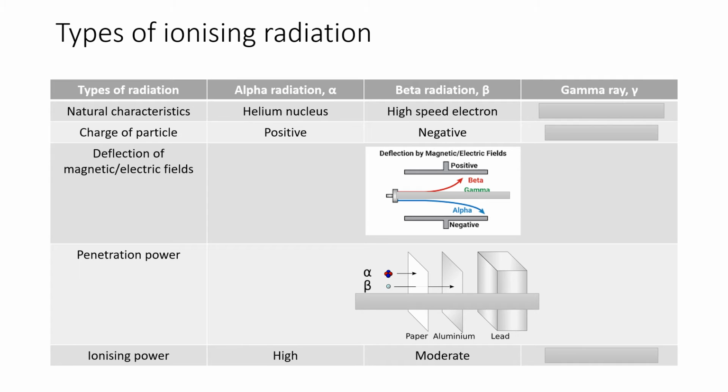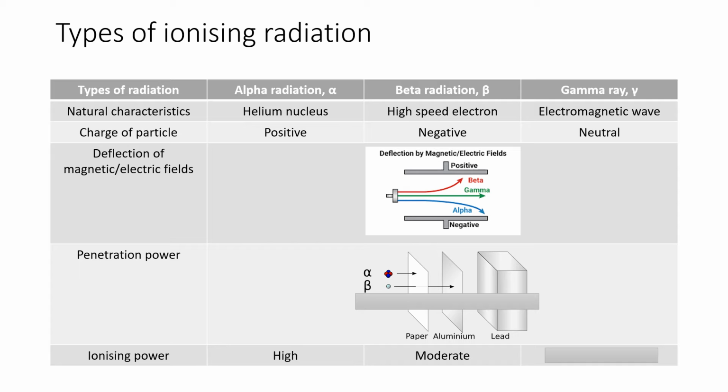Last but not least, gamma ray. Gamma ray is a high-frequency electromagnetic ray. It is emitted when the nucleus comes back to ground state. It does not have mass and charge. Therefore, it can't be deflected by electric and also magnetic fields.